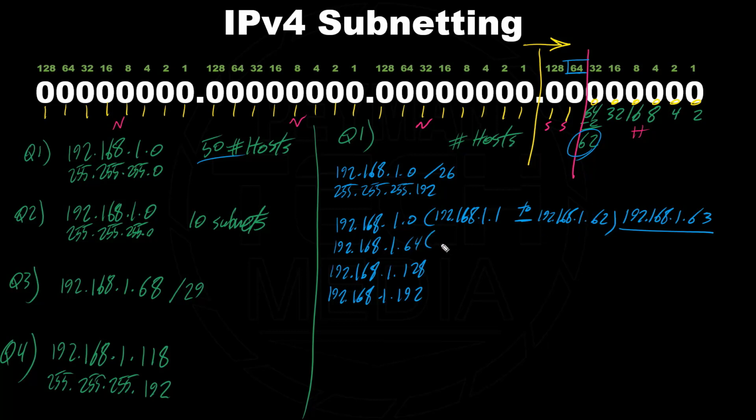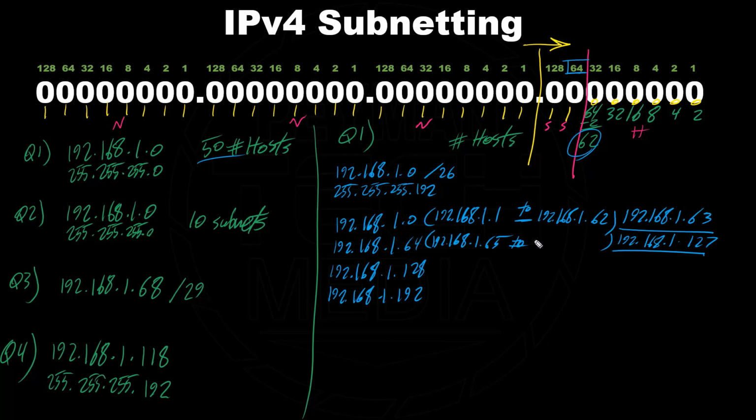On this subnet, exactly the same. We will have 62 available IP addresses. And a broadcast address for this subnet would be one less than the next one, which is 1.127. 192.168.1.127. And same thing, the first usable IP address would be 192.168. This is 64, so it would be 65.